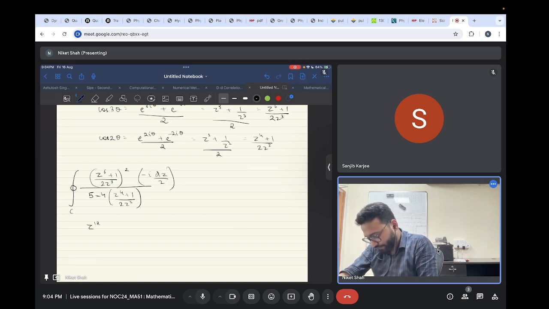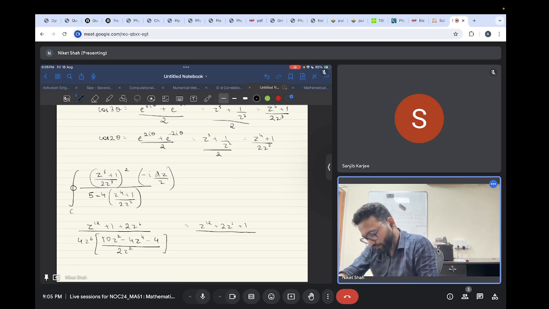z^12 plus 1 plus 2z^6 divided by 4z^6, 10z^2 minus 4z^4 minus 4, 2z^2, divided by 2z^4 into, take the negative sign outside.